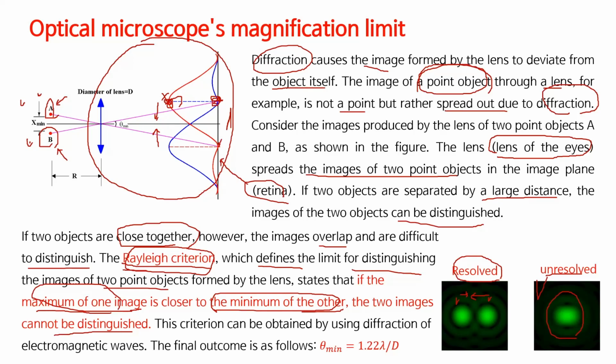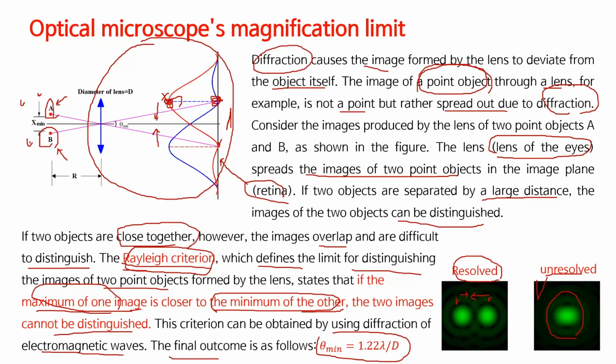This criterion can be obtained by using diffraction of electromagnetic waves. We cannot go into detail here because it is a very complicated mathematical approach, so we cannot discuss that here. But the result is given by this equation.